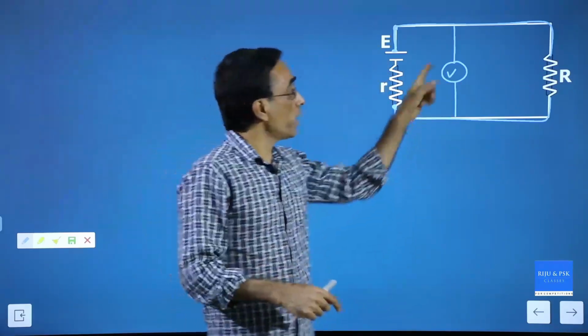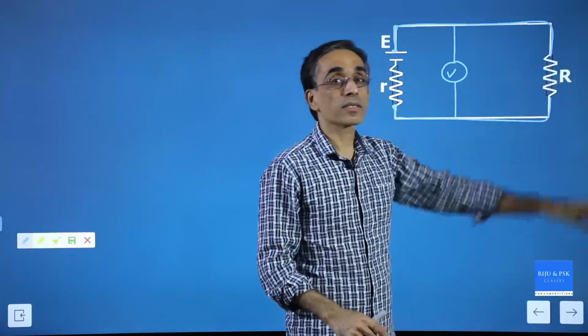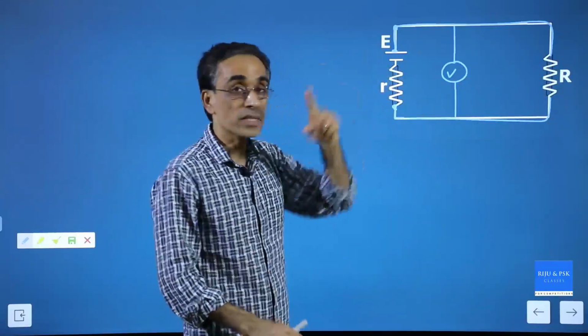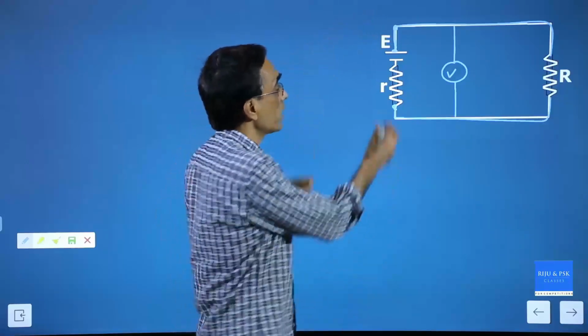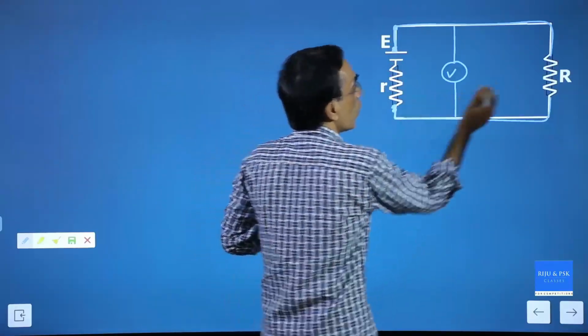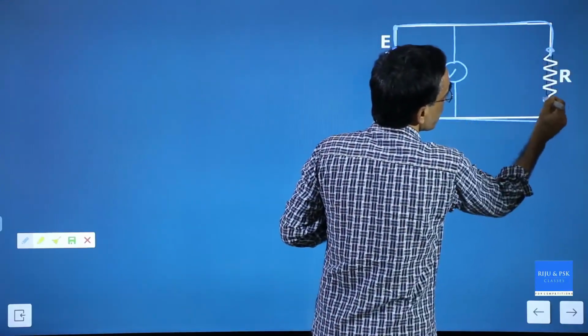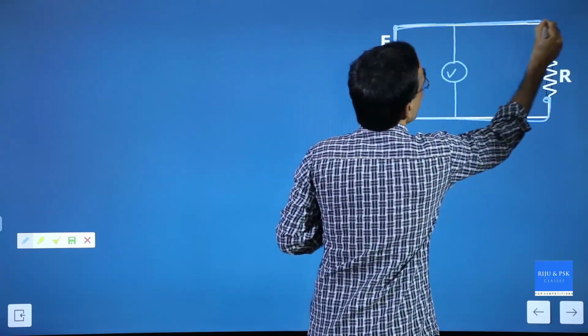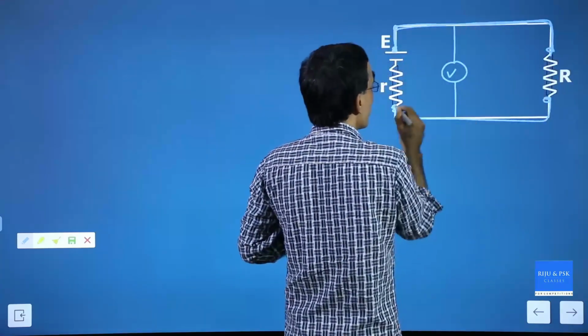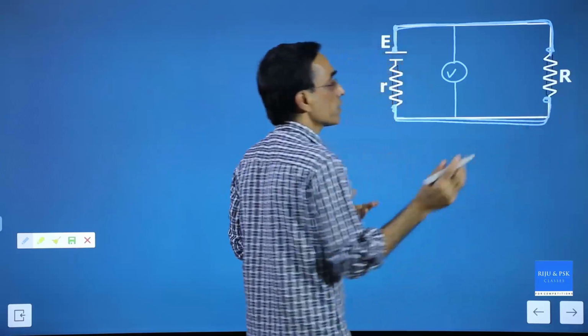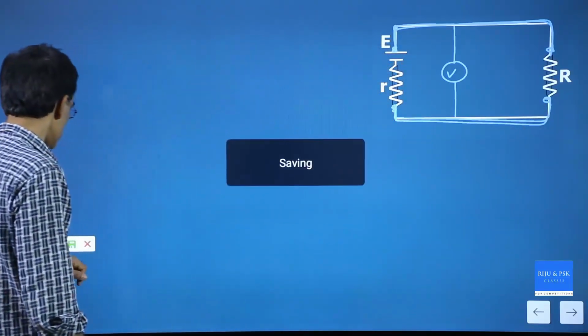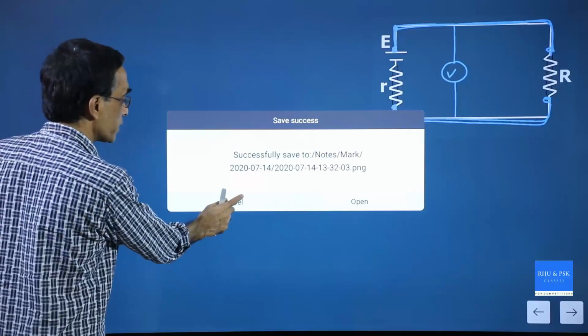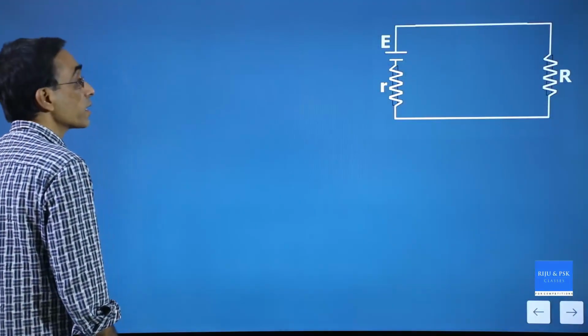It is also across the terminals of the resistor. So this voltmeter measures the potential difference between the terminals, and also across this one, because this wire has the same potential throughout and this wire has a common potential. You understood this? Oh, I'm sorry. I wasn't supposed to save this. I just wanted to clean it.